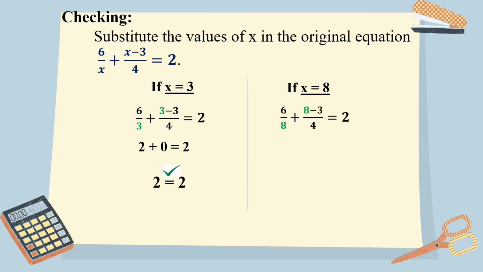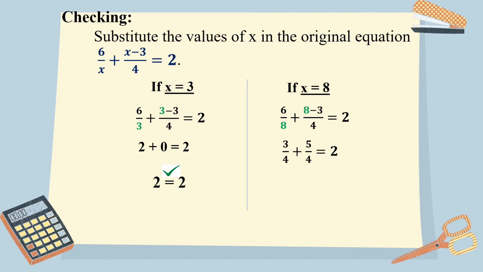Let's proceed to x is equal to 8. Same process, 6 over 8 plus 8 minus 3 divided by 4 is equal to 2. 6 over 8 is equal to 3/4 plus 8 minus 3 is 5 over 4 is equal to 2.